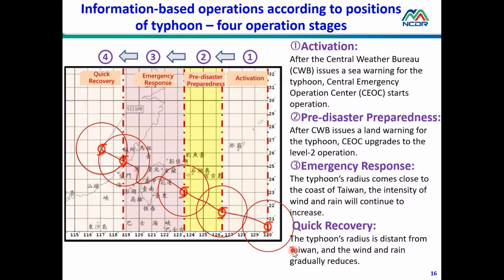How do we conduct base information operation according to the position of a typhoon? Actually, we divide it into 4 stages. When we realize we have a typhoon, after the Central Weather Bureau issues the sea warning of typhoon, the Central Emergency Operation Center will start activation.